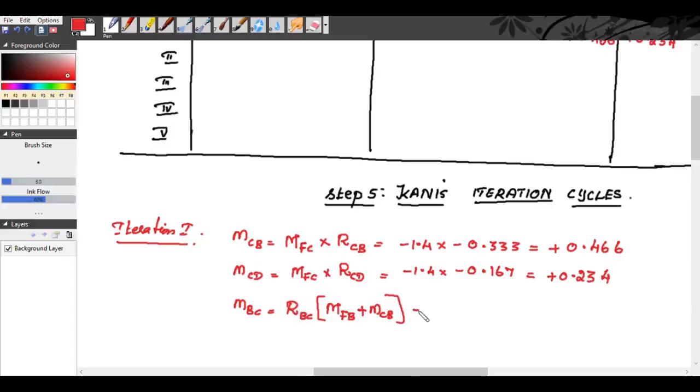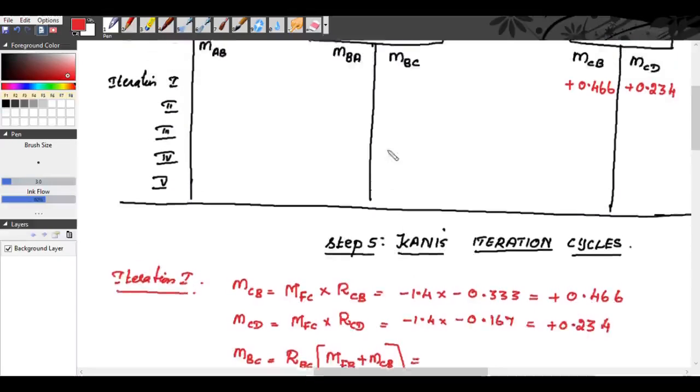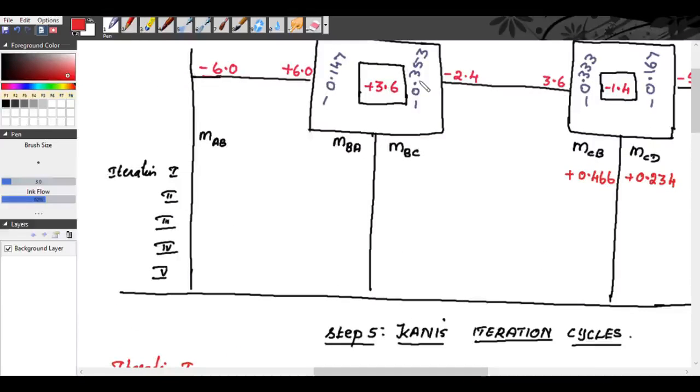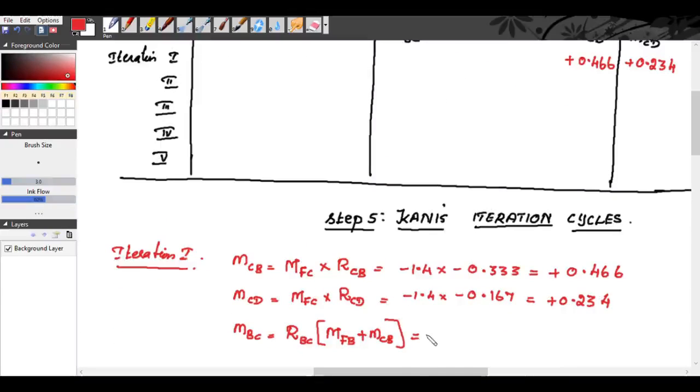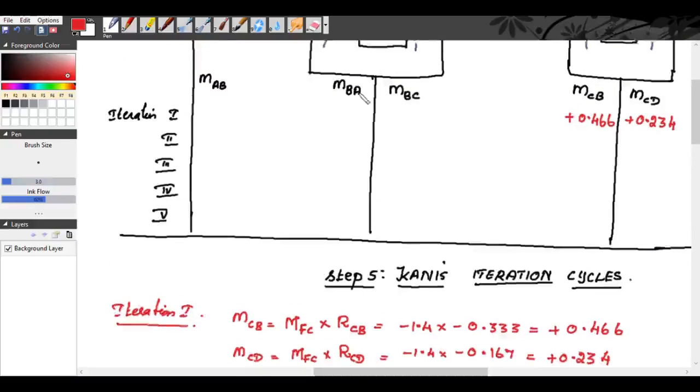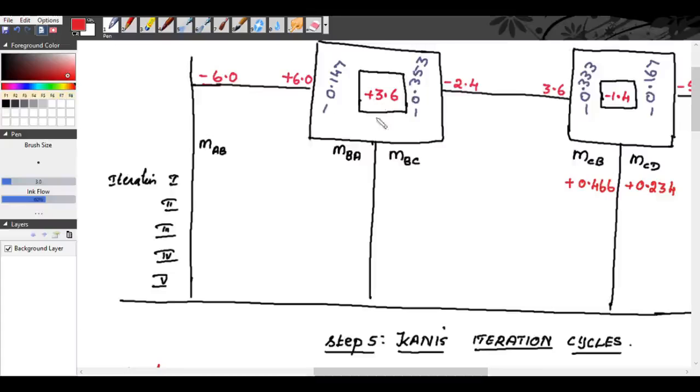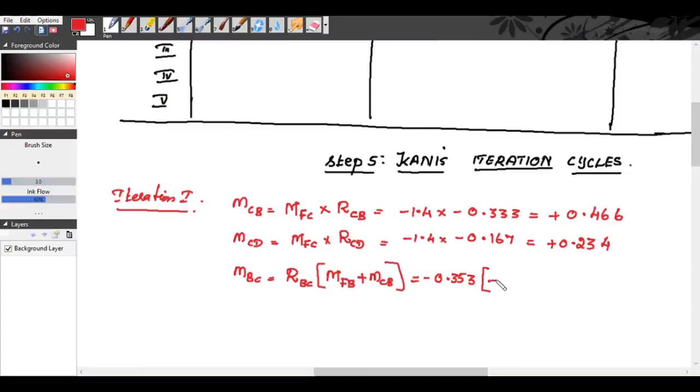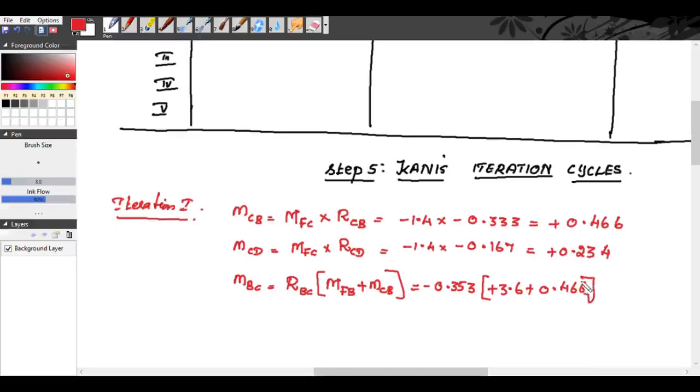So that will be equal to RBC is minus 0.353, multiplied by MFB is plus 3.6, plus MCB, we have found it as 0.466.